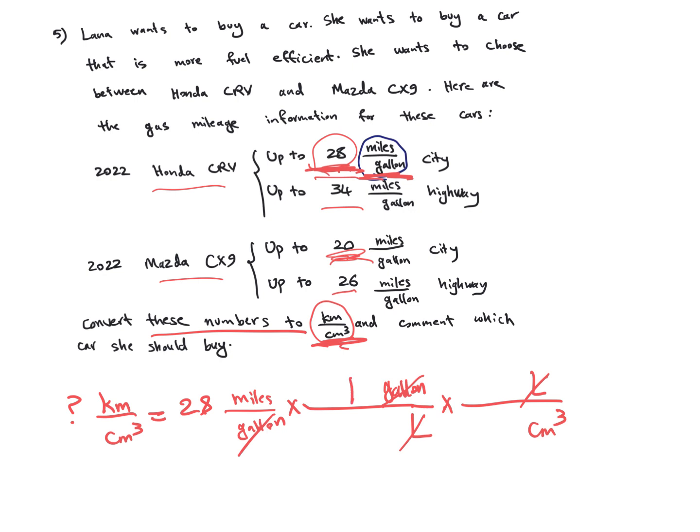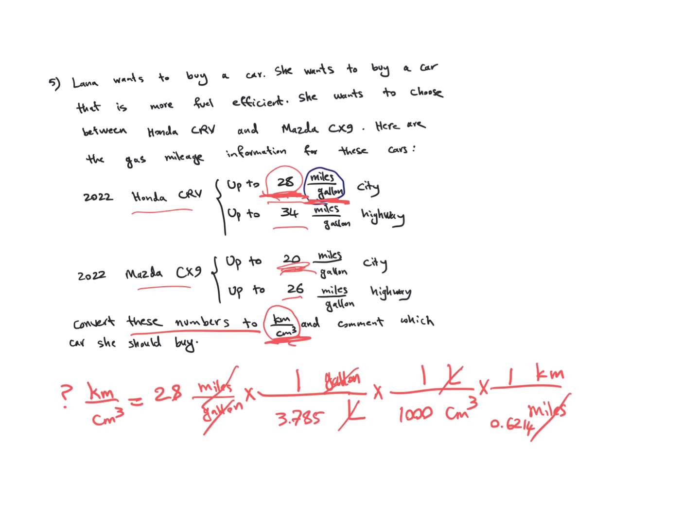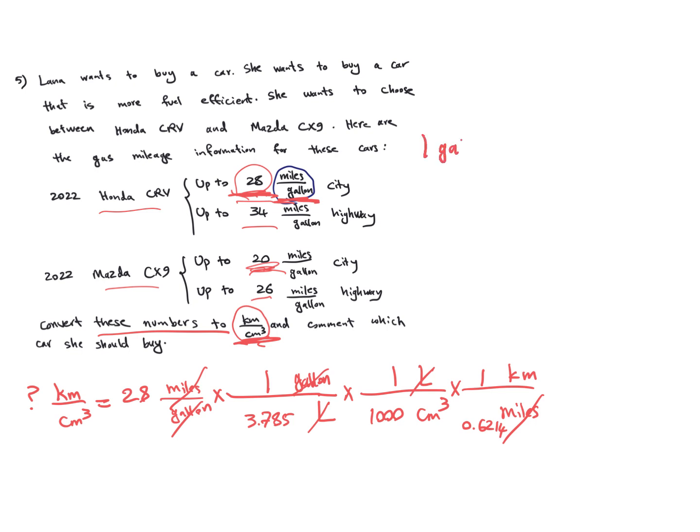So 1 gallon is 3.785 liters, and 1 liter is 1,000 cubic centimeter, okay? And now I convert miles to kilometer. And I gave you 1 kilometer is 0.6214. If this is confusing, I write these here, so you know that you are given this information in your homework.